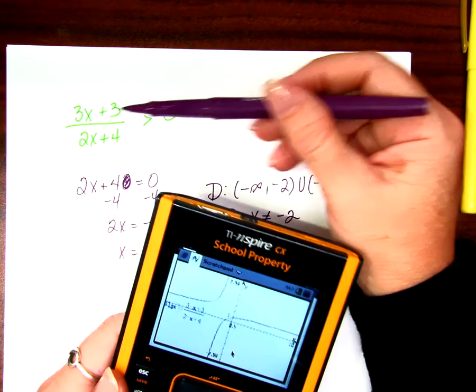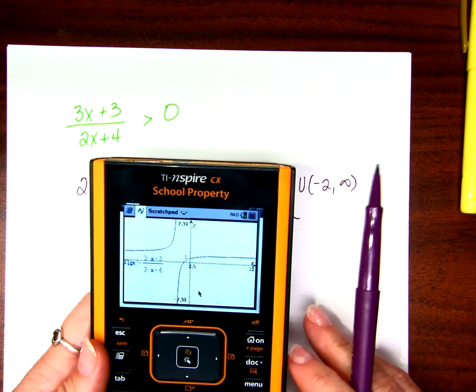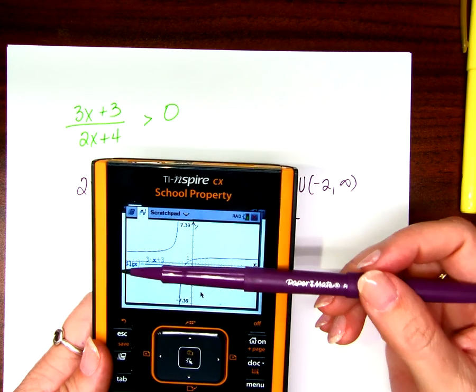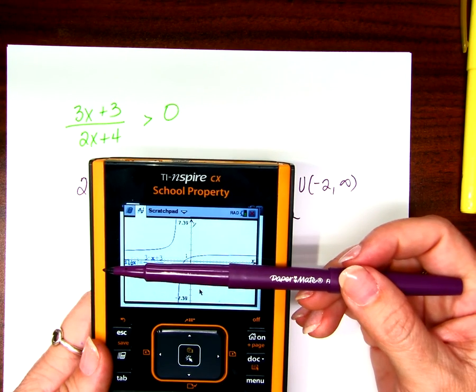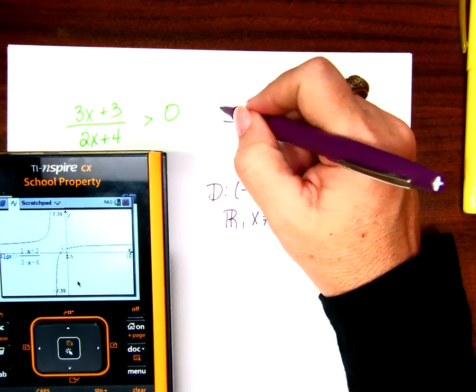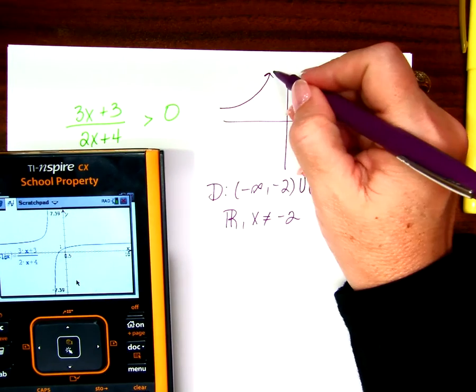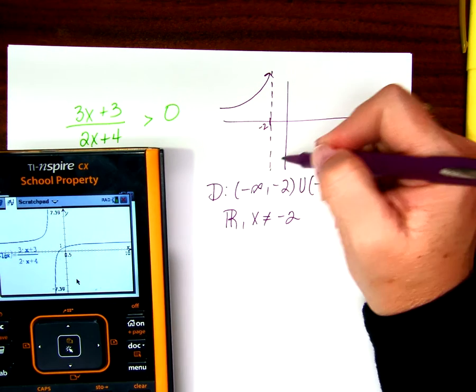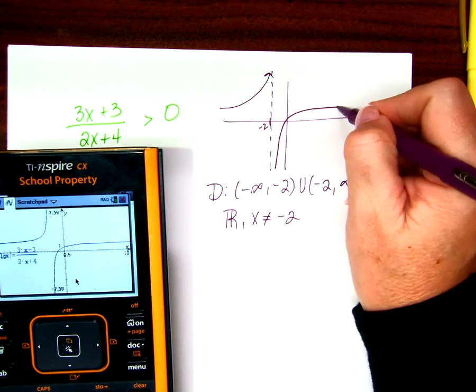So I have to figure out, where is that greater than 0? Where is this function right here greater than 0? Well, if 0 is right here, we're talking about the stuff above it, right? And then we've got our asymptote right here at negative 2. And then we come up like that, right?